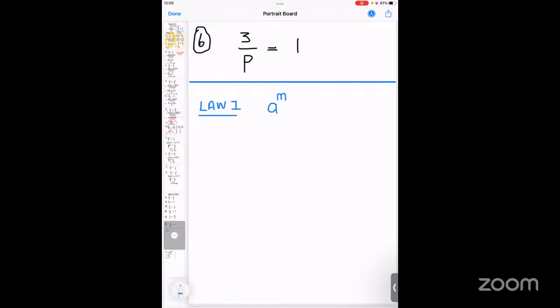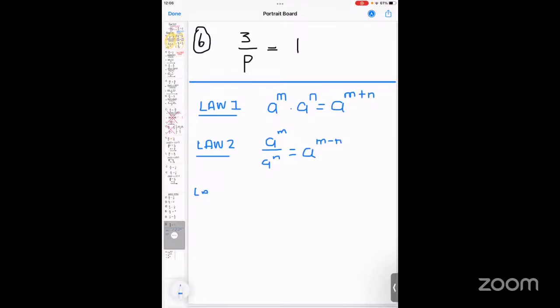I do know very well that you know these laws, you know how to work it out. It's just a matter of reminding each other. So now let's talk about law 2. Law 2 says if you have a to the m over a to the n, this should equal a to the m, where you minus n.